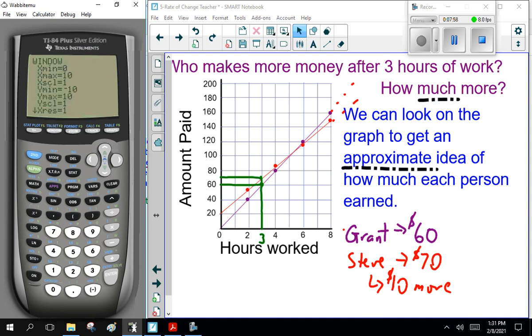So set my windows Y from 0 to 200, and go up by 10. And there's Steve and Grant. There are the two graphs drawn on our graphing calculator.